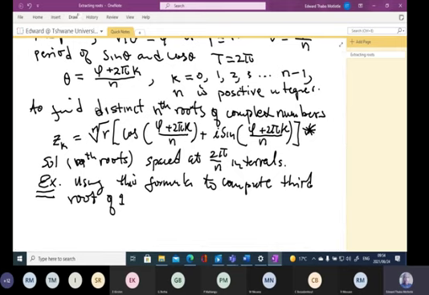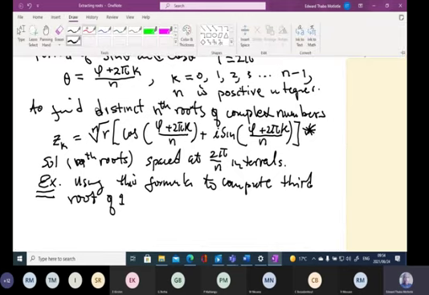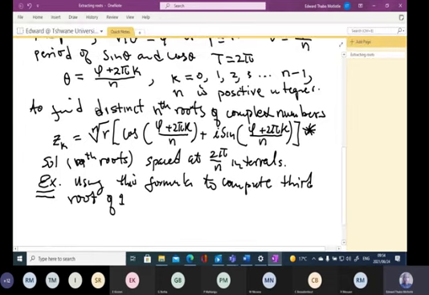And the other thing that I forgot to highlight, but I highlighted on top, you should remember that K is equal to 0, 1, 2, 3 up to n minus 1. Okay, n is a positive integer. Now let's solve this problem.